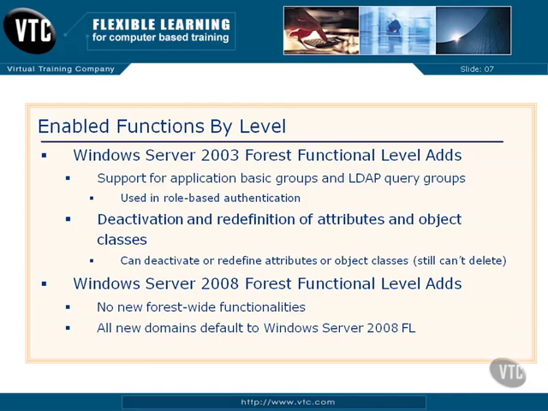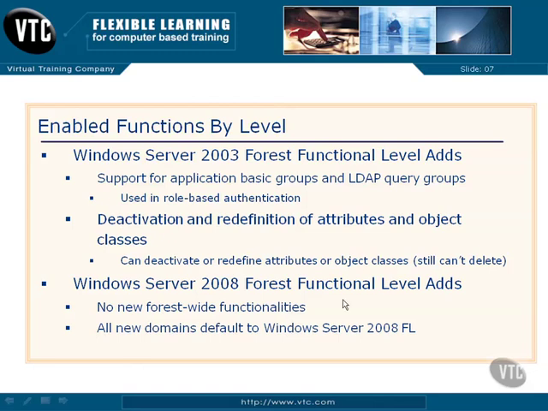But then after a while we realized, wait a minute, after we install a few of these applications that do this, we're getting into some problems now about our Active Directory just gets larger and larger and larger. So Microsoft does not want to go into that murky area of deleting things from Active Directory. That could be a nightmare as far as the structure and the schema. We still can't do that, but we can deactivate some things and we can redefine some of the attributes, kind of reuse them.